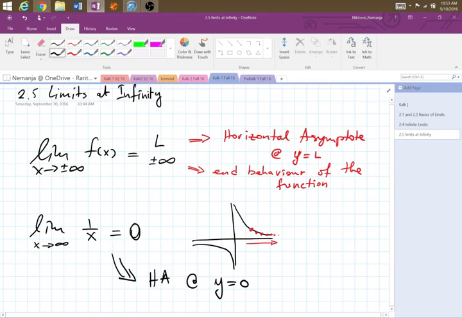A horizontal asymptote worries about infinity, and it doesn't care what's happening locally. So if you pierce it locally, it's okay. The function at infinities bends towards the asymptote, whereas the vertical asymptote is where x approaches a value, say x goes to 3. That's local all the time, so it can be crossed at any point.